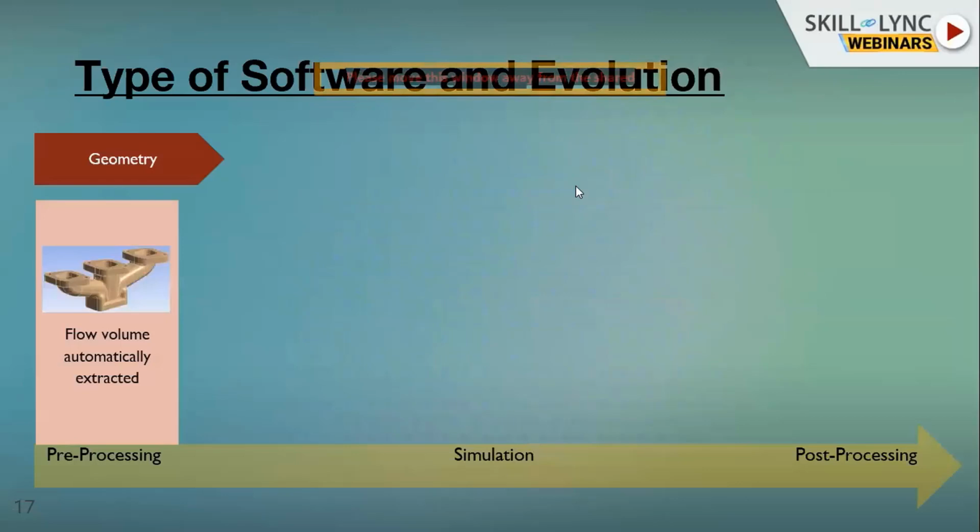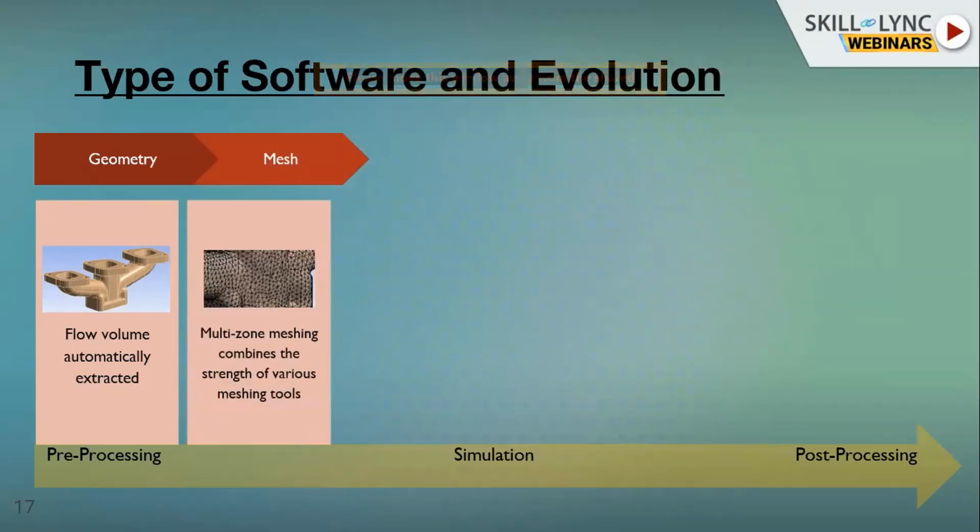First, you are creating a geometry. Whatever the geometry is, it can be created using CAD packages. ANSYS also has a design modeler. The geometry is created in the pre-processing stage.